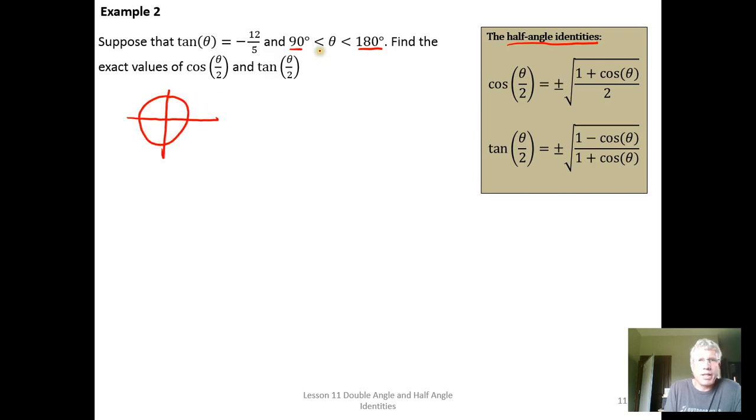if we're between 90 and 180 degrees, then theta will need to be an angle in quadrant 2, because 90 degrees and 180 is here. And what we want to remember is how the tangent function's been defined.